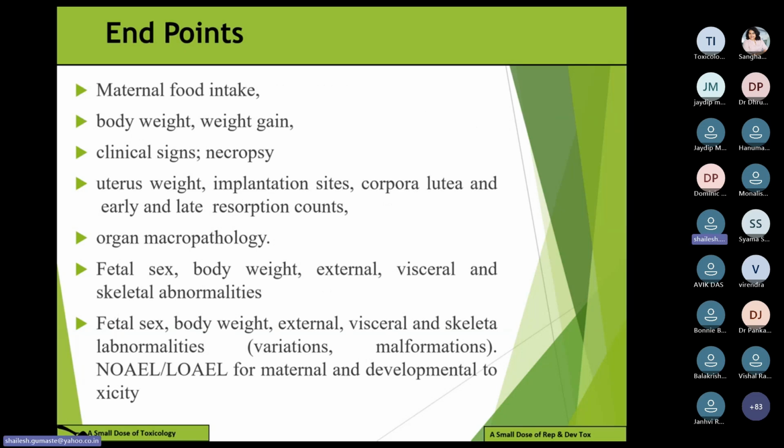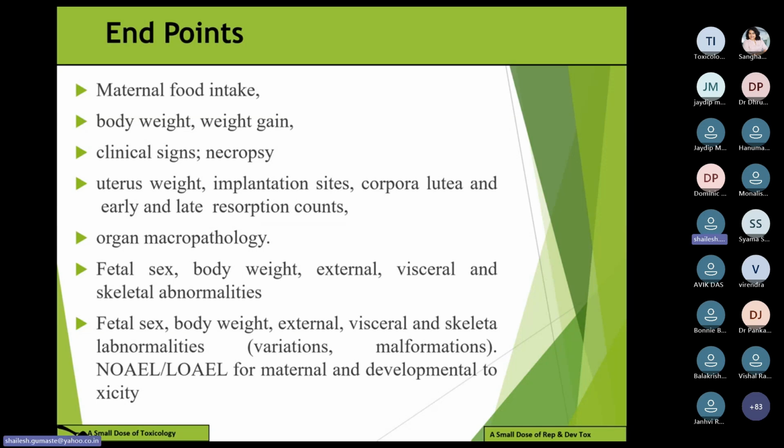What are the endpoints of this study? These are clinical signs, maternal food intake, body weight gain, necropsy, organ macropathology, uterus weight, implantation sites, number of corpora lutea, early and late resorption counts.